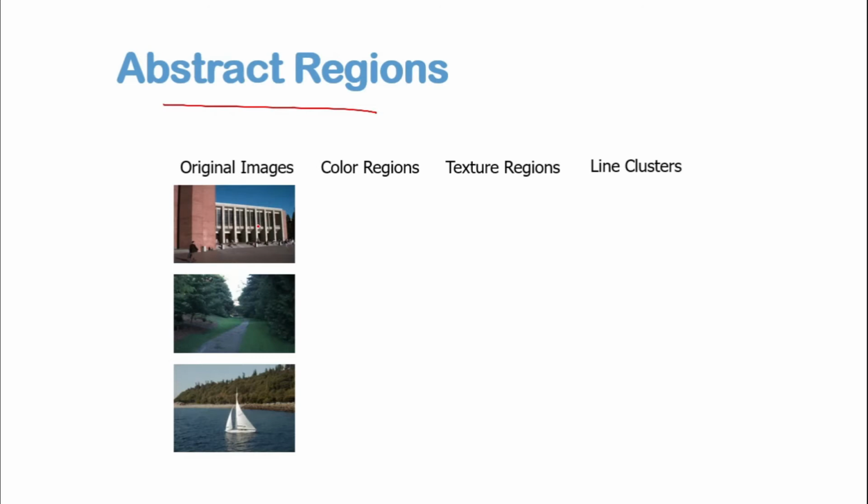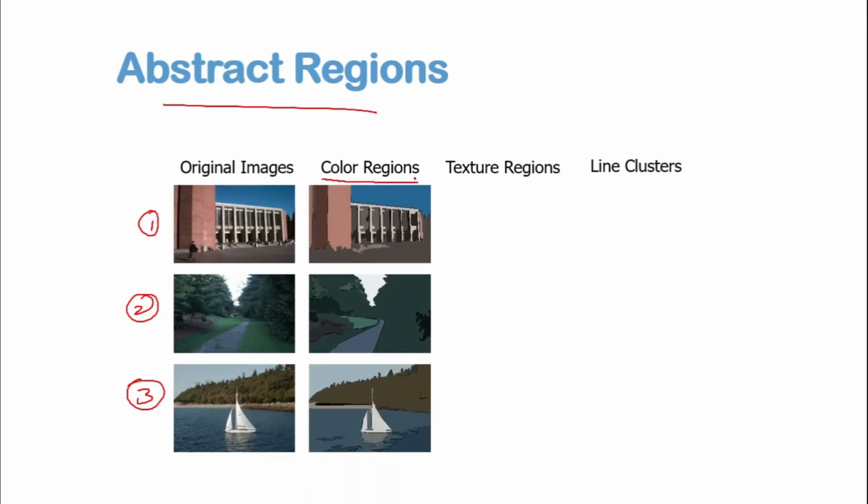Now, what are the abstract regions over here? I mean, how are the regions classified? This is the original image, and these are original image 1, original image 2, original image 3, and we need to convert them into color regions. So for color regions, you know how to operate on the image. Here the pixels are somewhat sharp, but the pixels are merged.